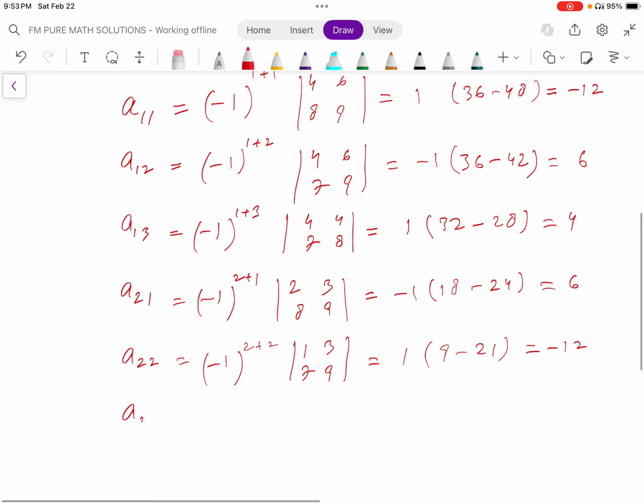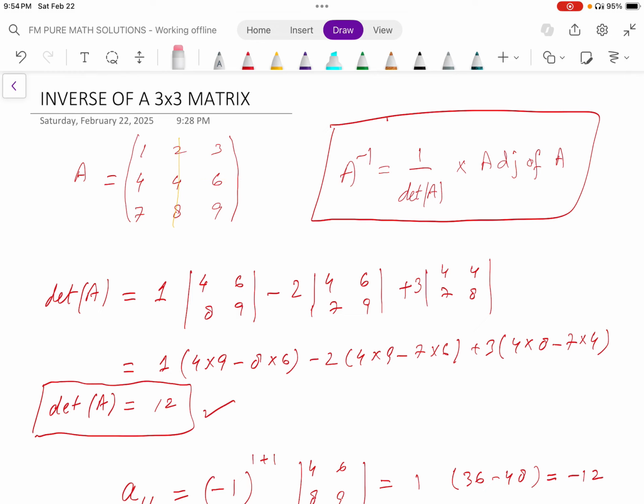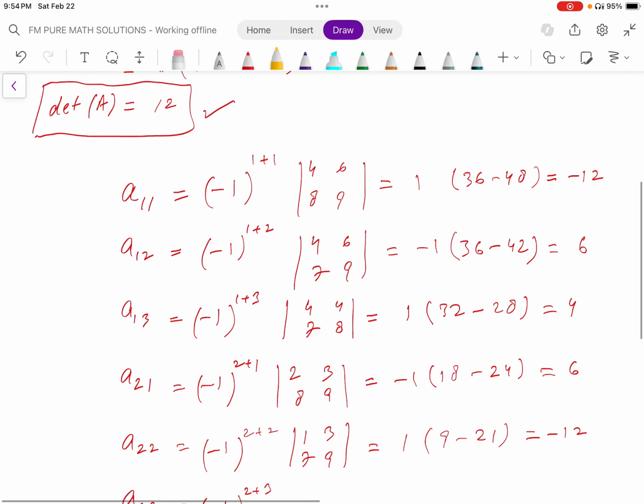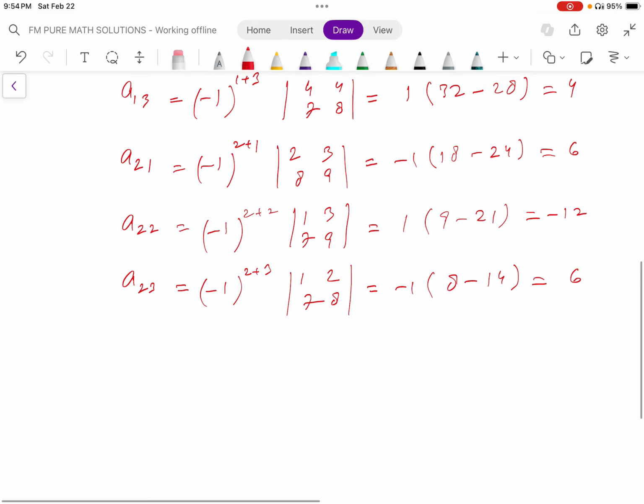And then A23, second row, third column, 2 plus 3. So it's 1, 2, 7, 8. This is going to be minus 1 times 8 minus 14, which is minus 6, becomes plus 6.